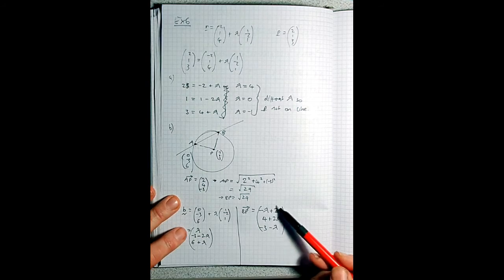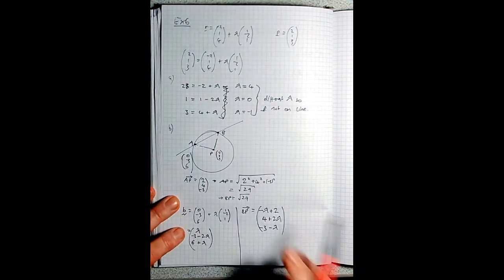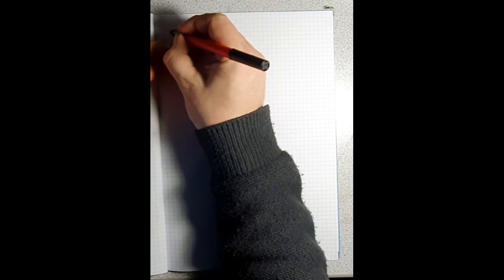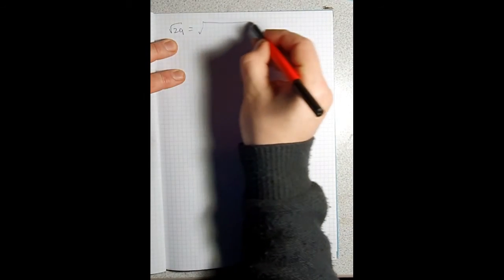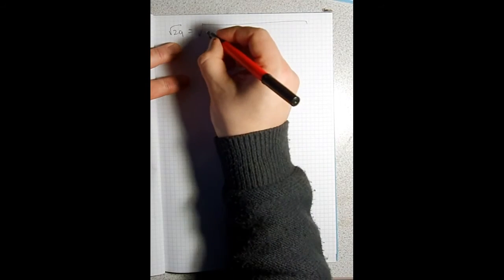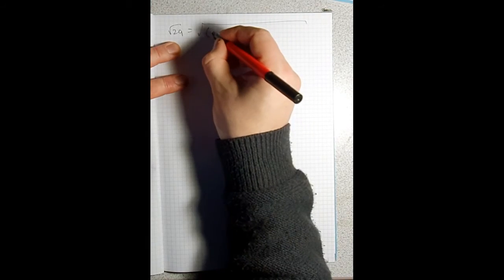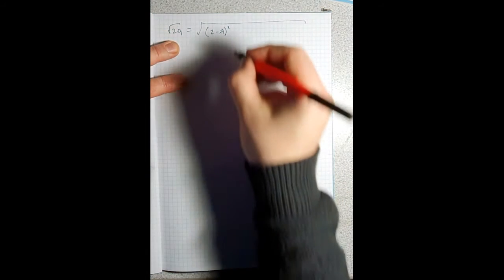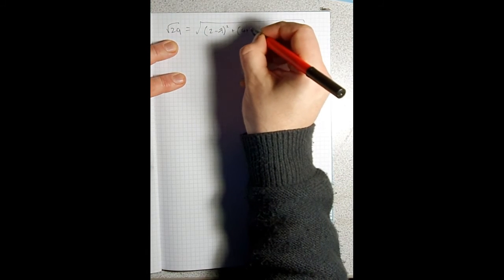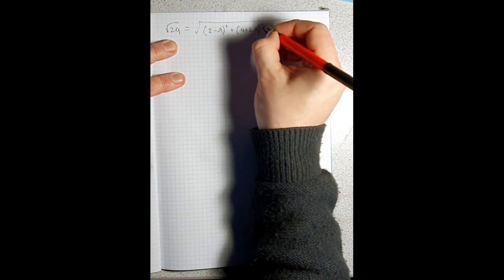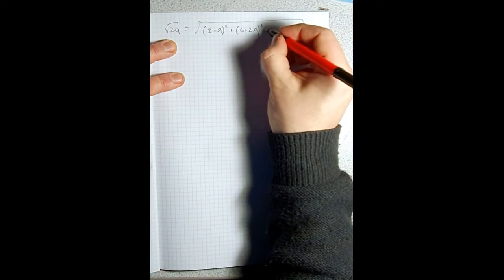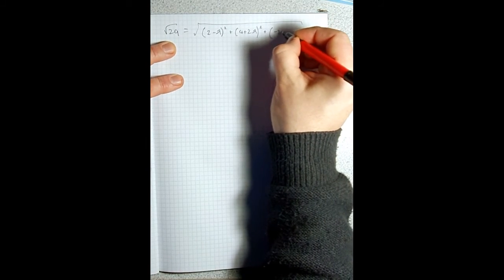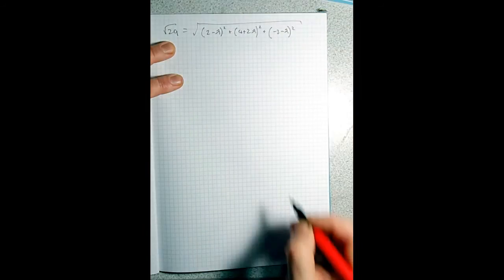I know that the length of this vector is root 29, so I can write that. Root 29 is the square root of, I'm going to write minus lambda plus 2 as 2 minus lambda, it's just easier in my head to square that, plus 4 plus 2 lambda squared, plus minus 3 minus lambda squared.